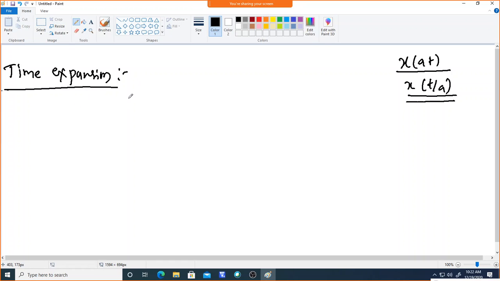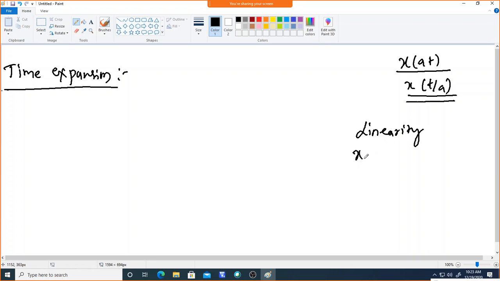Okay, one more thing I wanted to tell you is about the ROC, which I have left. For the linearity property which we have, the ROC we need to discuss.